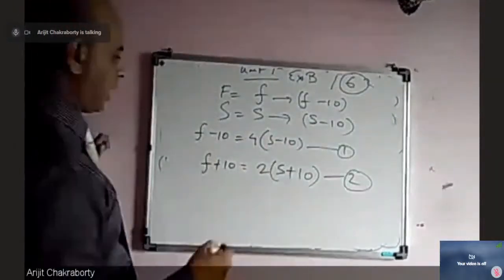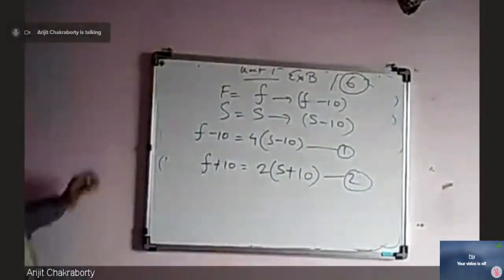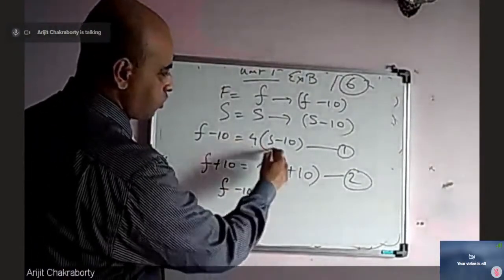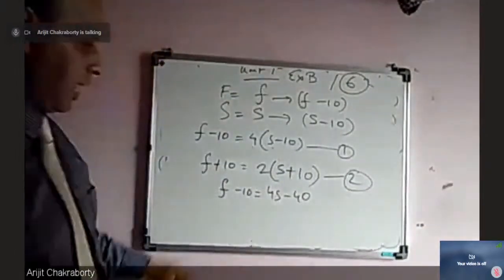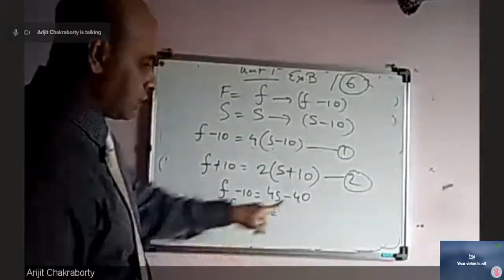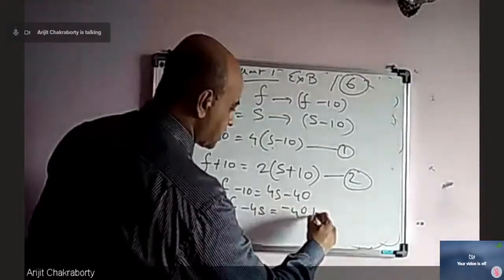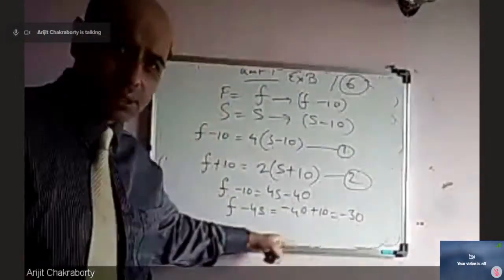So F minus 10 is equal to 4S minus 40. That means you have F minus 4S is equal to minus 40 plus 10, that is minus 30. I'm just working out the equation.